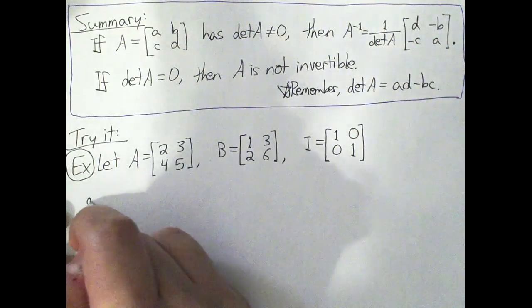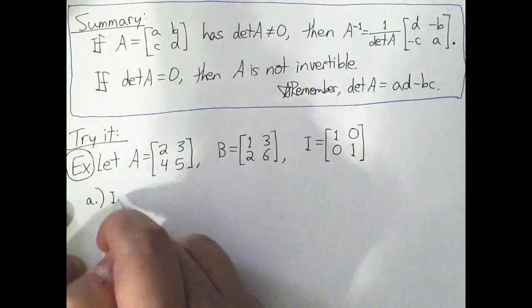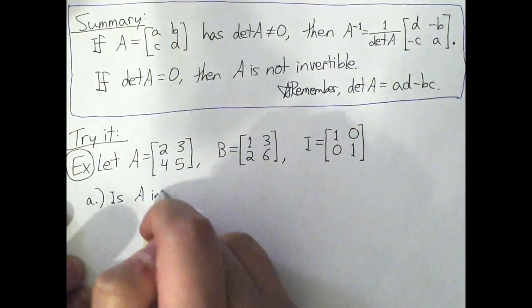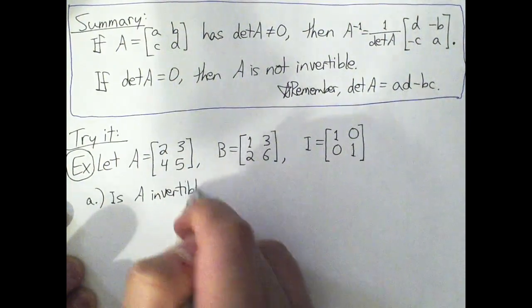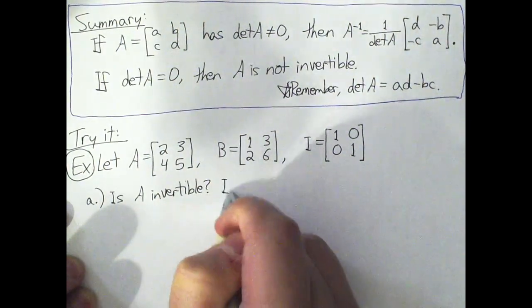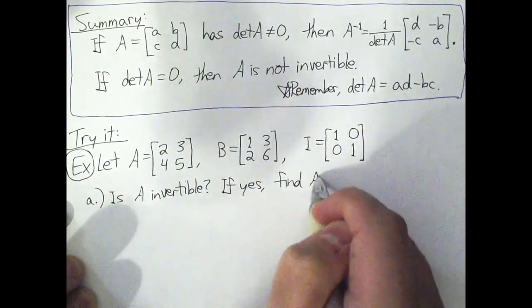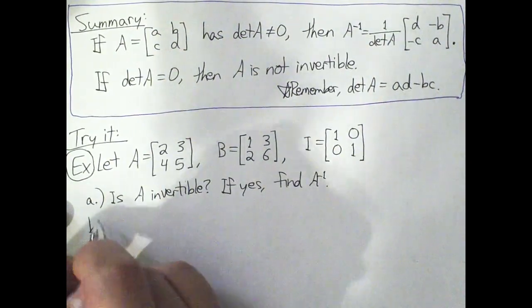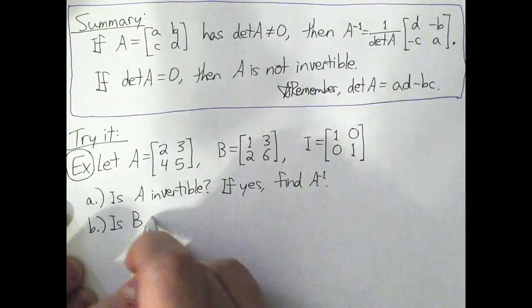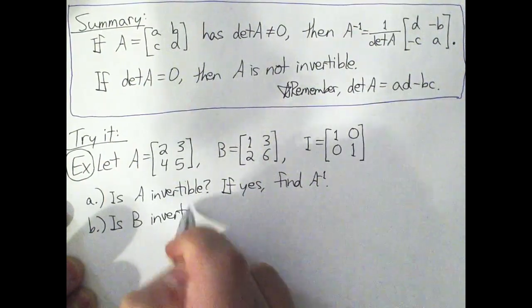All right, 3 parts to the problem. Is A invertible? If yes, find A inverse. Is B invertible?